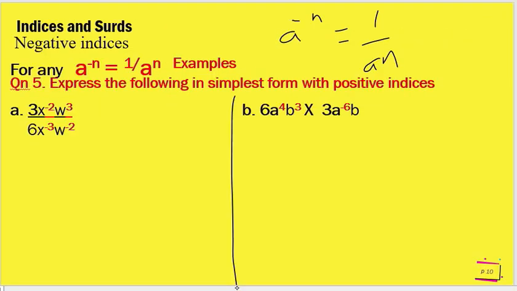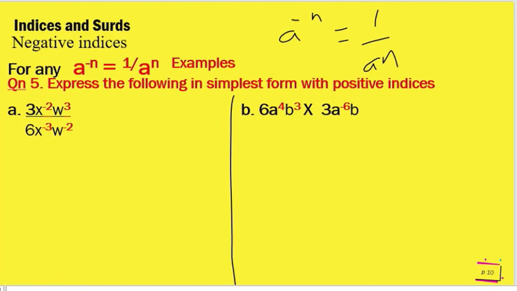So therefore we can first of all divide the coefficient by 3, 1 by 3, 2. So we are having 1 over 2, x power minus 2, then w power 3, then we have x power negative 3, and w power negative 2.